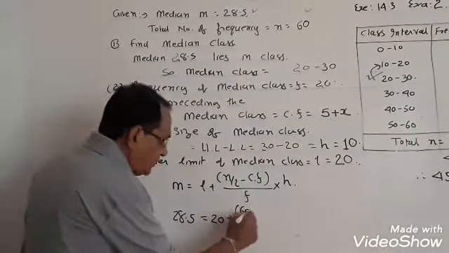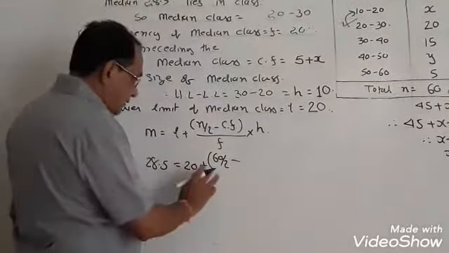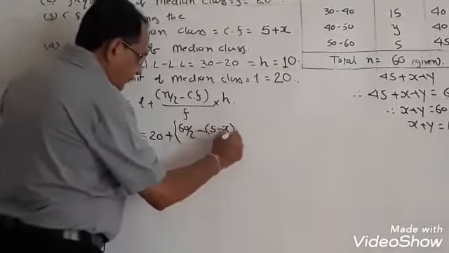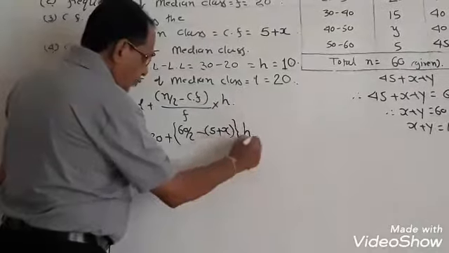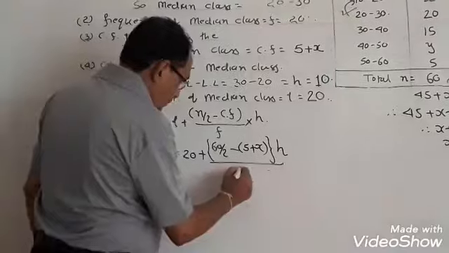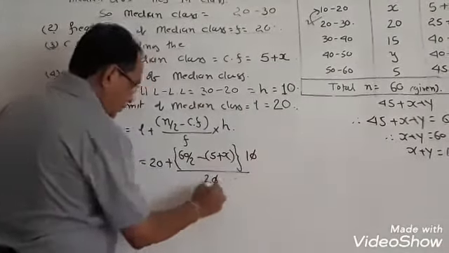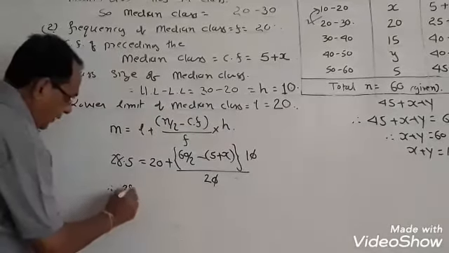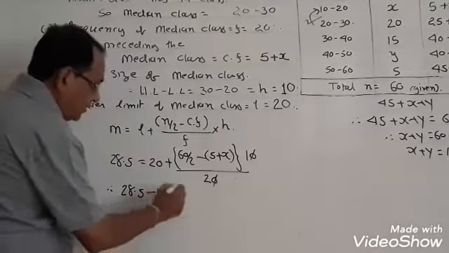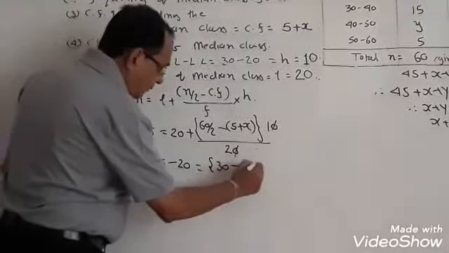n by 2 is 60 by 2, minus cf. cf is equal to 5 plus x. Be careful, you have to write it this way: (5 plus x) into h upon f. f means 20, h means 10, the zeros cancel. 28.5 minus 20 is equal to (60 upon 2 minus 5 minus x) upon 2.